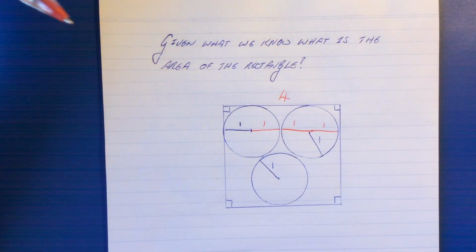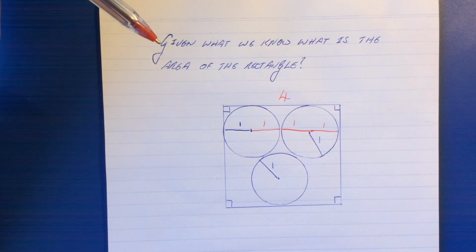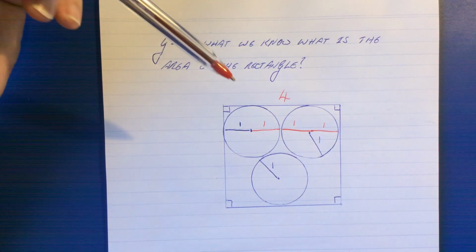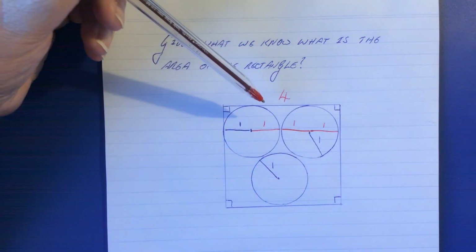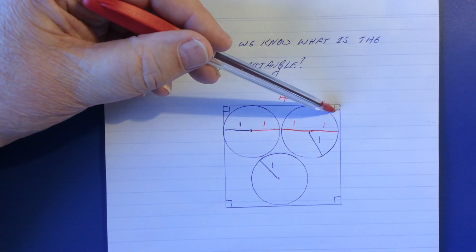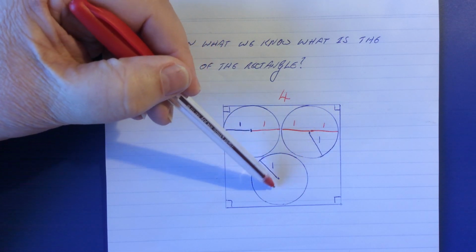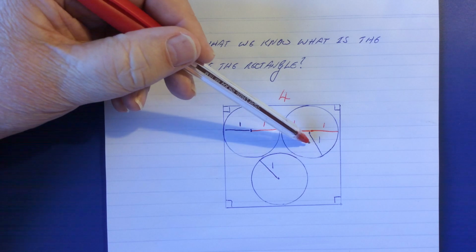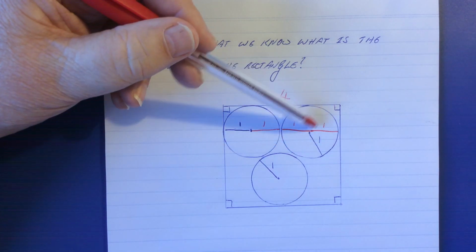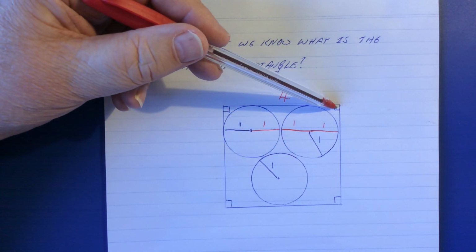Now, let's just have a think about how we might get this side. Is it possible that we could draw something down through here? Well, we can certainly connect this radius and this radius, and from here to there.